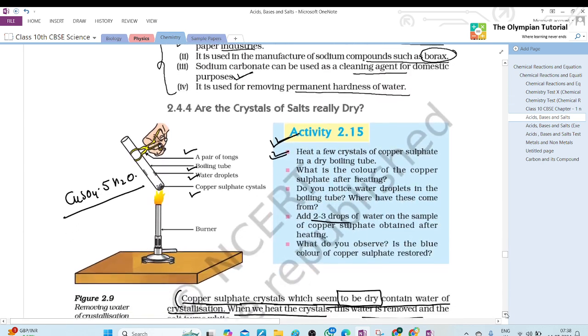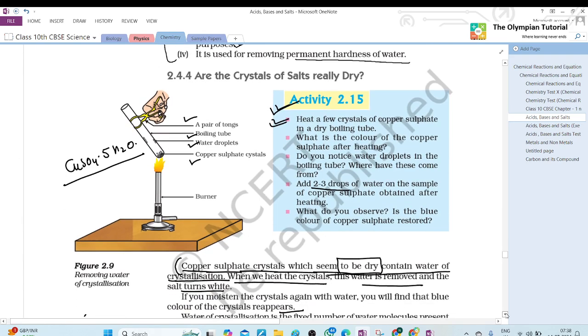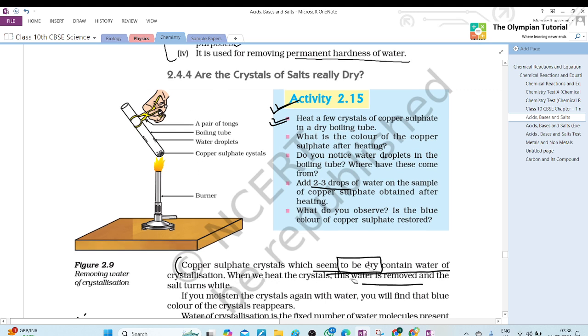Next, now it is the last topic. Are the crystals of salts really dry? Can anyone explain to me the meaning of the word crystals? What do you mean by crystals?